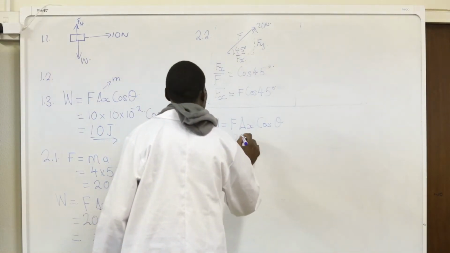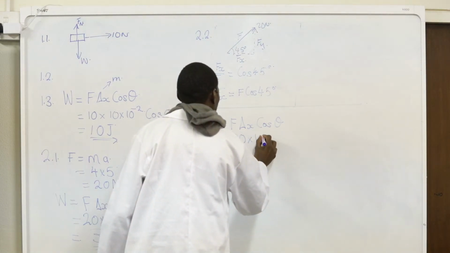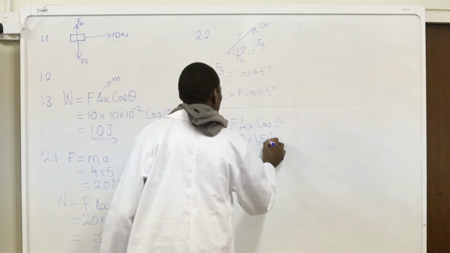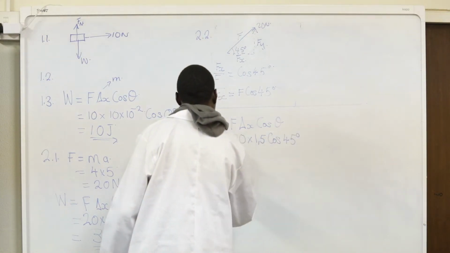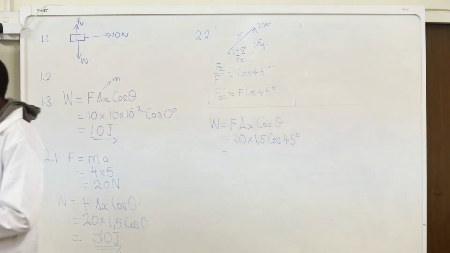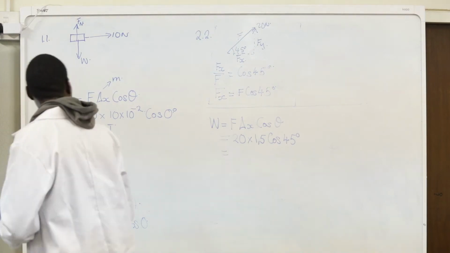20 times 1,5 cos of 45. You can pull out your faithful calculator. My blue baby is next to me here. I will do exactly the same thing.